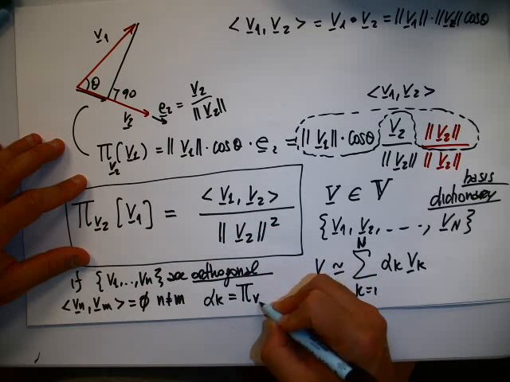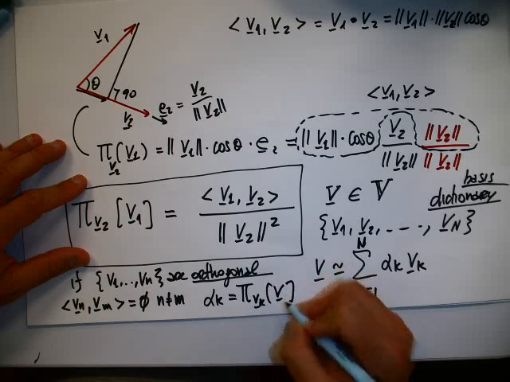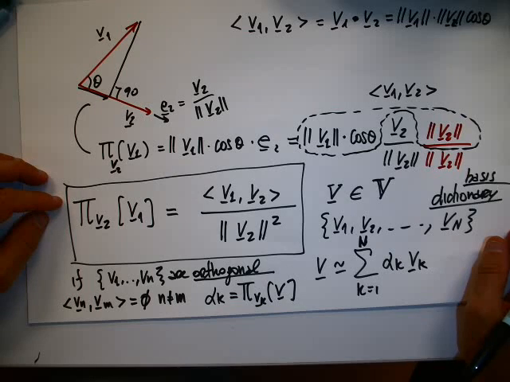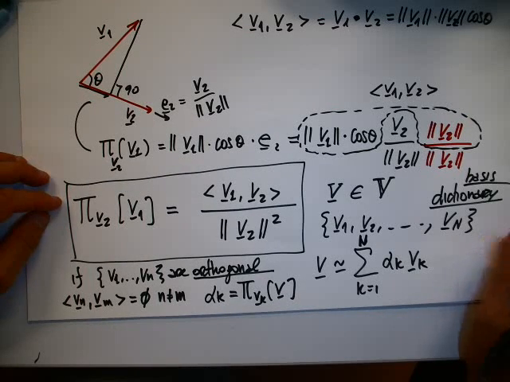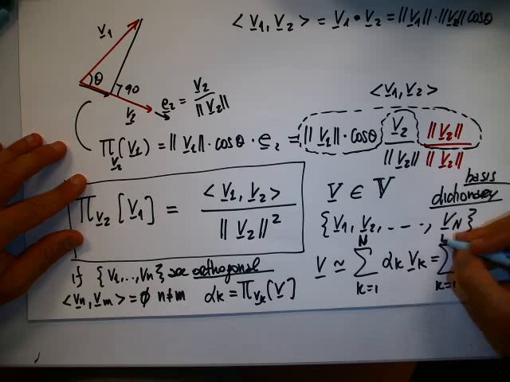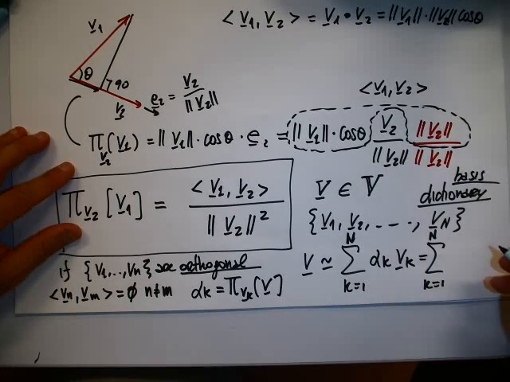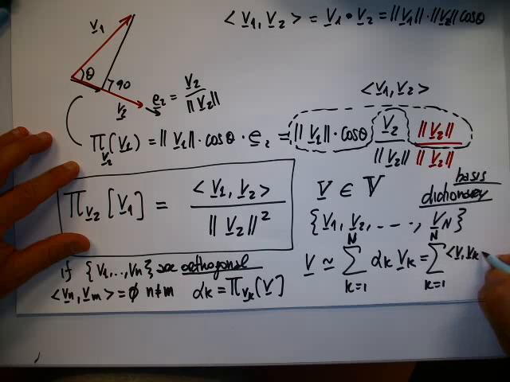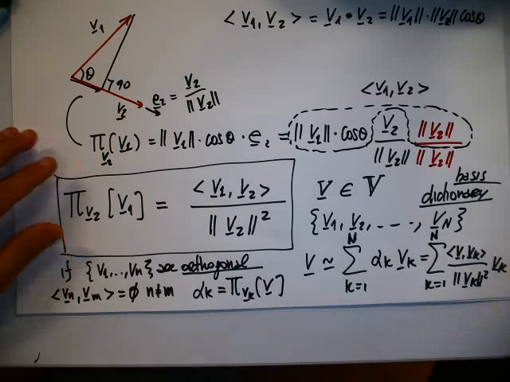We can show that the coefficients alpha k are equal to basically the projection of V onto each single vector Vk. Okay, and that's a nice formula that has applications everywhere. You will see. From this formula we can even derive the Fourier series, for example, just to tell you something.